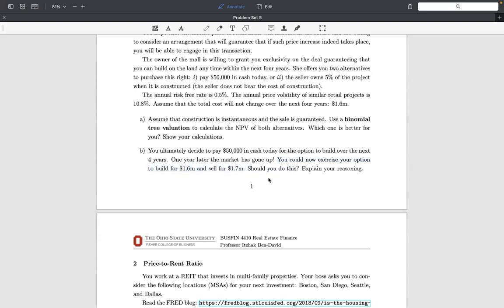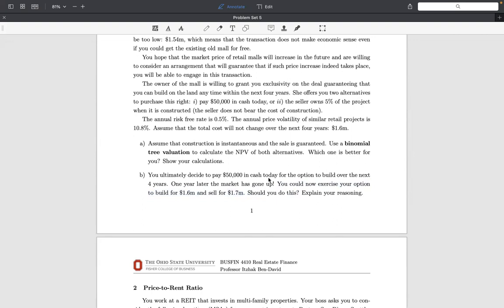Should you do this? The standard answer would be to compare the NPV. So 1 year later, if you build for 1.6 million and sell for 1.7 million, what do you get? You get 0.1 million, right? So like $100,000.